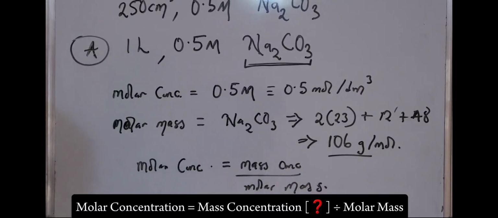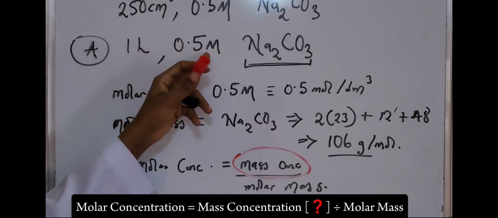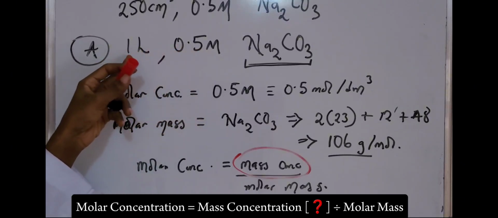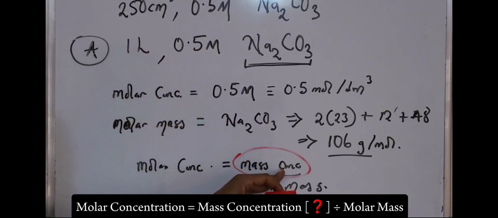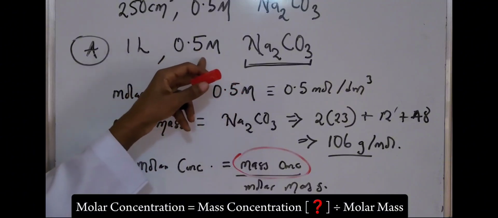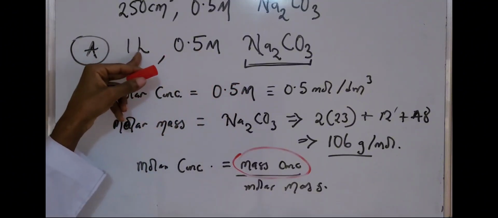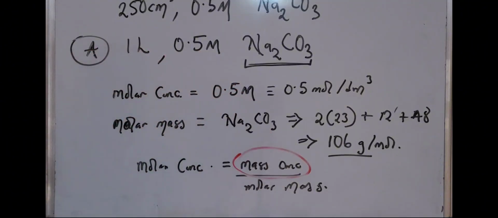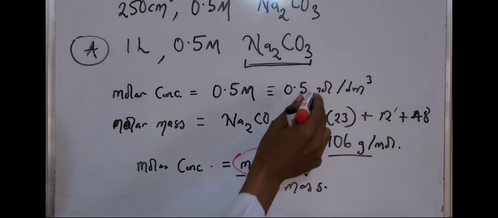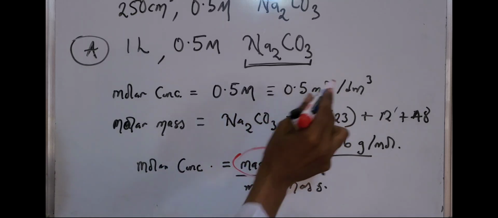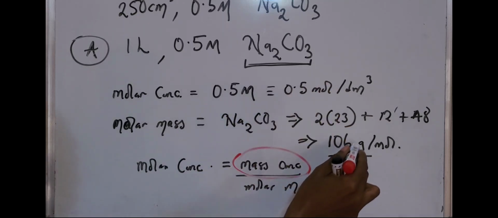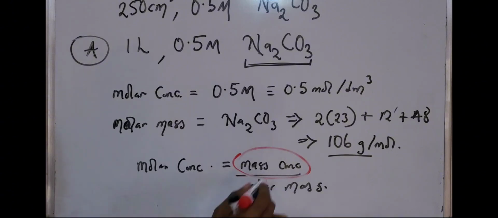What you have here is the mass concentration, which is the amount to weigh in order to prepare this concentration in this volume. So this is mass concentration. We have molar concentration, which is 0.5 molar or 0.5 mole per dm cube. We have the molar mass, which is this. So we just make mass concentration the subject of the formula.